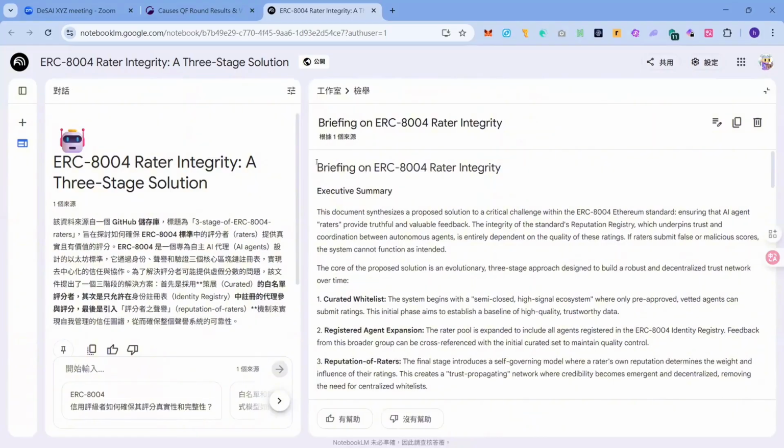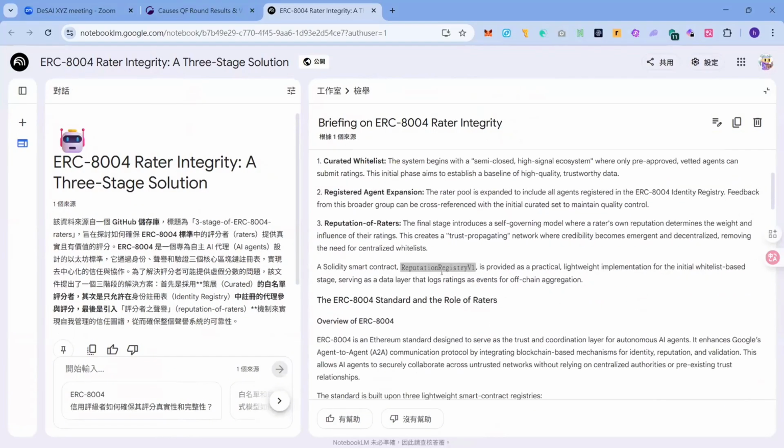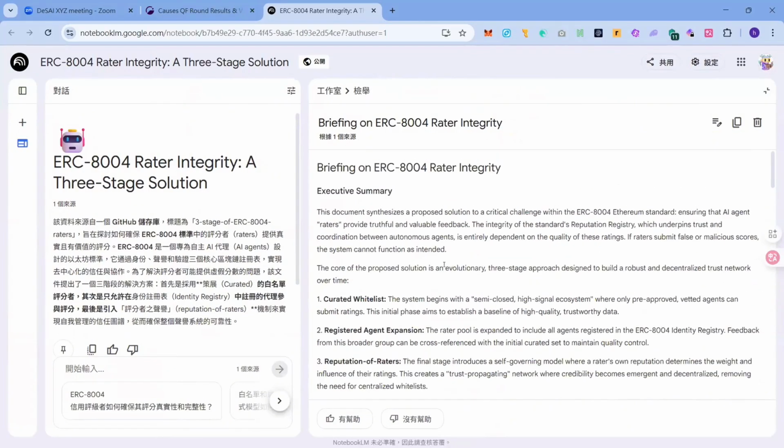So I would like to solve the problem on raters. As we all know, with ERC-8004, we have the identity, we have the reputation, and we also have the raters to rate all different agents. The raters can come from humans and also from AI.